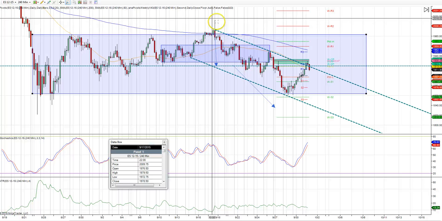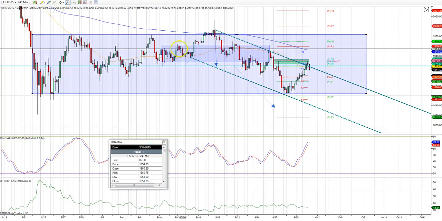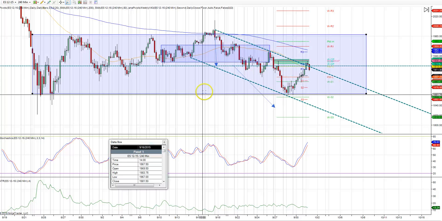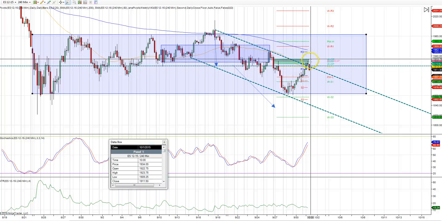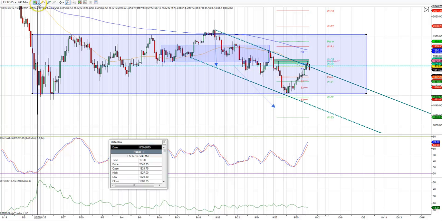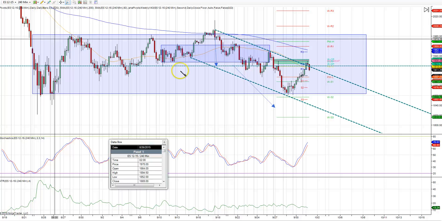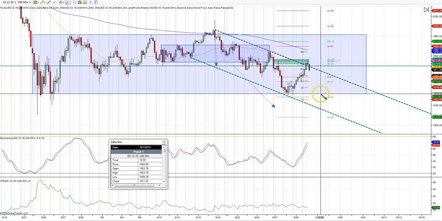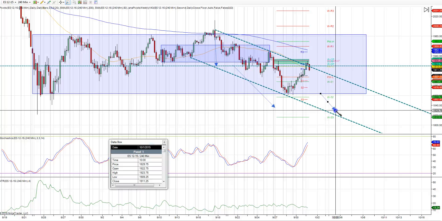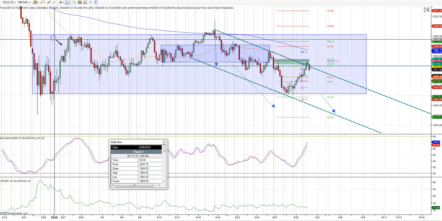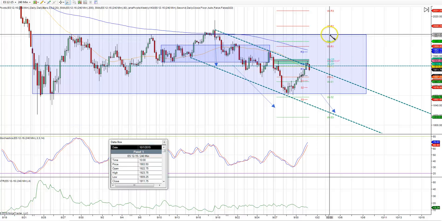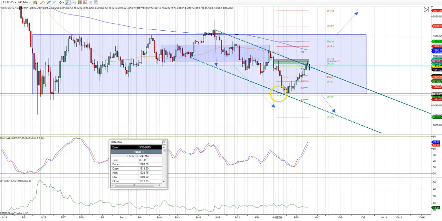We kind of poked out, head fake, came back down, formed the head and shoulders pattern, came and tested the bottom and bounced off this bottom here. So this could be a rollover back down to either break to the downside from here and test these levels, or break to the upside out somewhere over these levels here, over this line, and continue up.